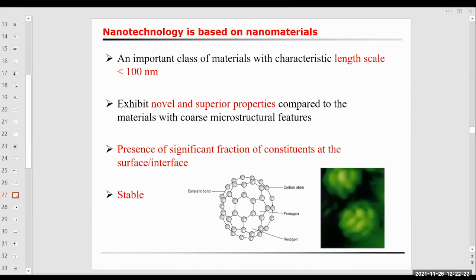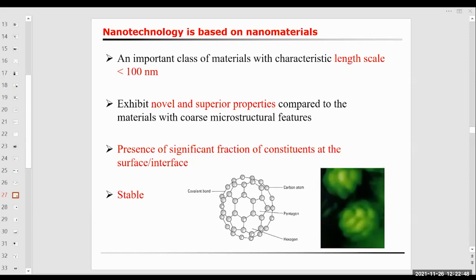Particles are constituted by crystallites. What are crystallites? Crystallites are the smallest regions in which the atoms are arranged in an orderly manner. Particles are big. Particles can be amorphous or crystalline. And when we talk about crystalline particles, these particles are constituted by small entities called crystallites.